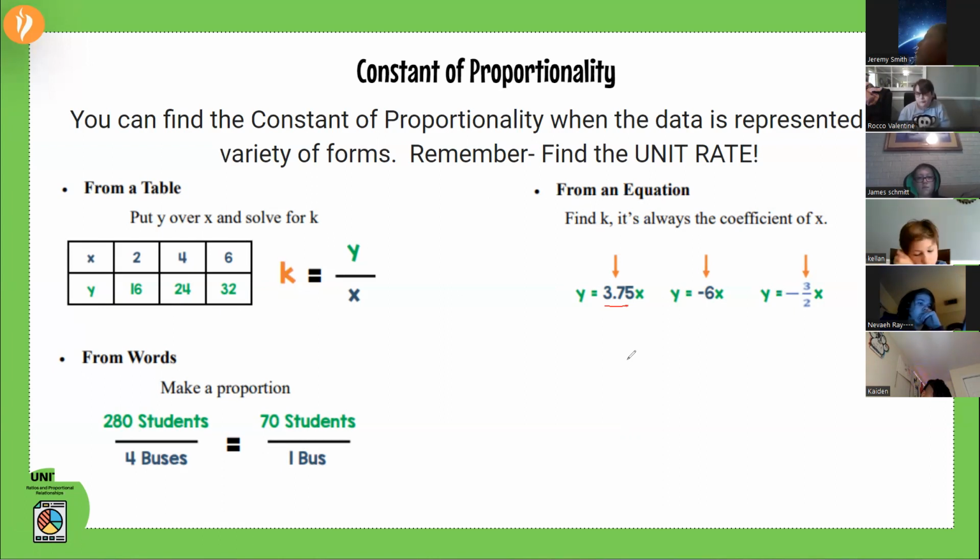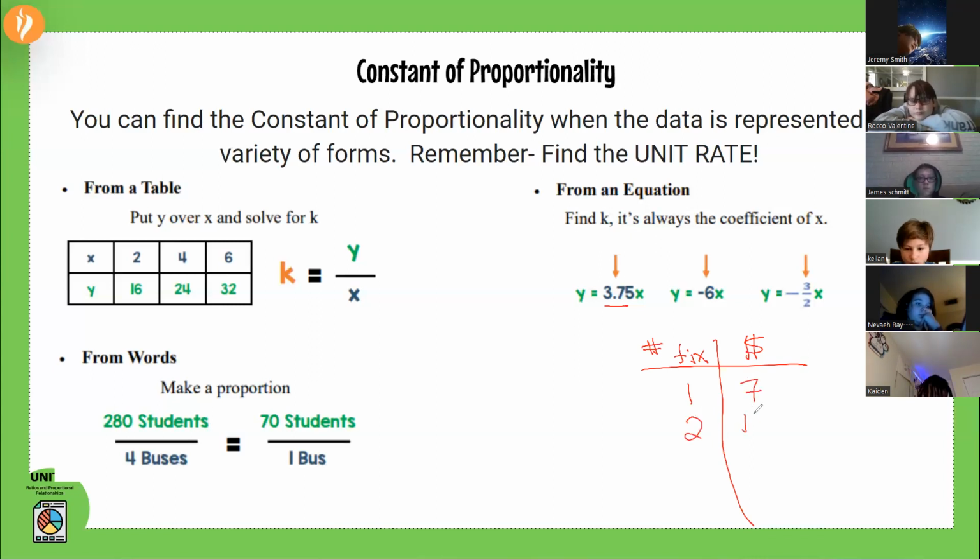So for example, let's say I make a table and I say that we're going to buy football tickets. I'm going to let x be the number of tickets, and I'm going to let the y value be my total cost. What if I tell you 1 ticket is $7, 2 tickets is $14, 3 tickets is $21. My equation would be y is equal to 7 times the number of tickets, right?